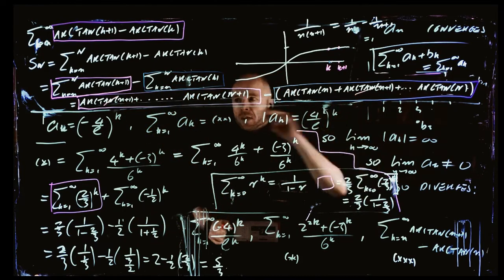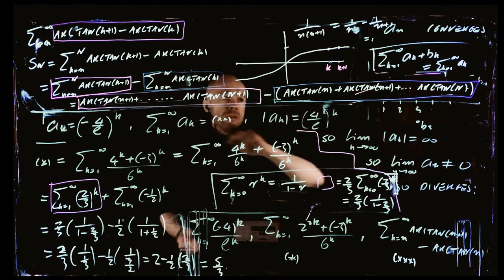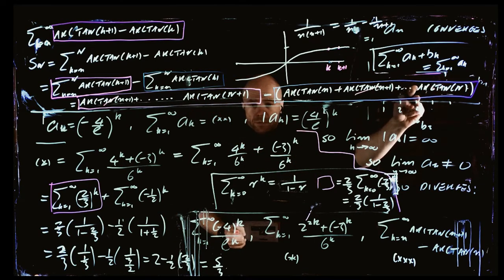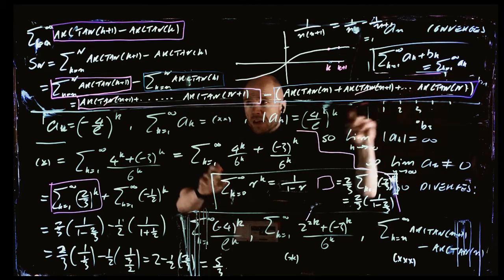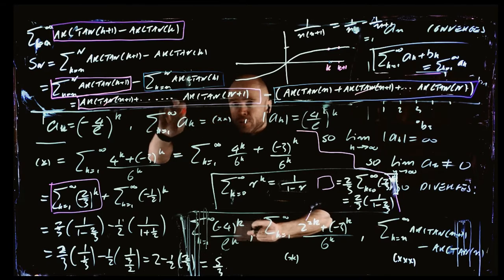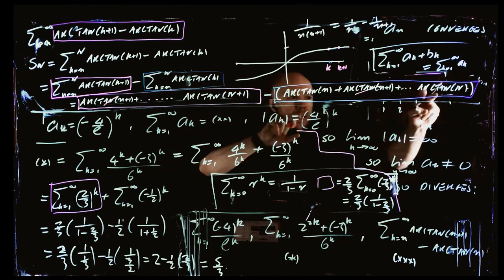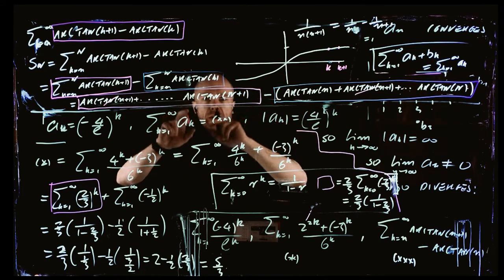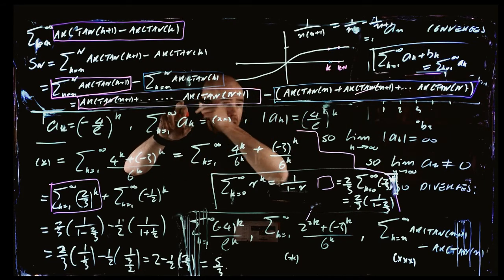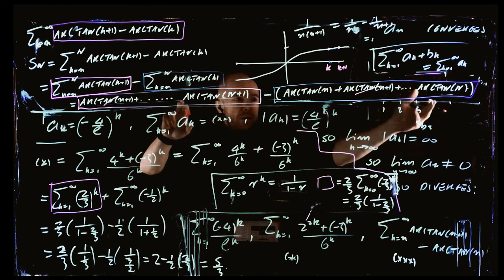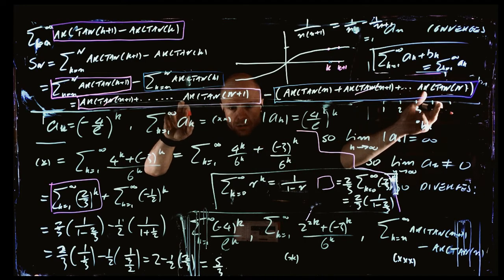The next term, arctan n plus 2, will be killed by the next term over here. In fact, every term inside this red box will be killed by one of the terms in the blue box, except this final term. That's the only survivor. That's the only thing that survives being killed by stuff in the blue box.